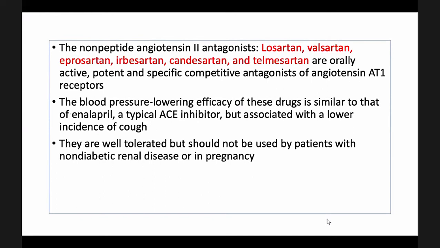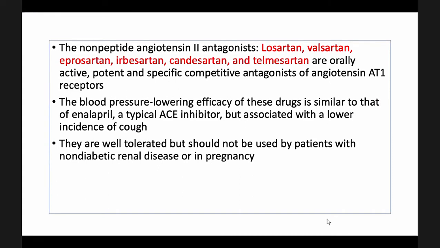The non-peptide angiotensin II antagonists like your losartan, valsartan, eprosartan, irbesartan, candesartan, and telmisartan are orally active, potent, and specific competitive antagonists of your angiotensin AT1 receptors.